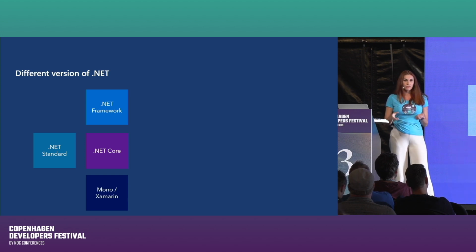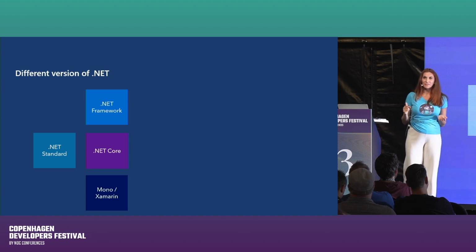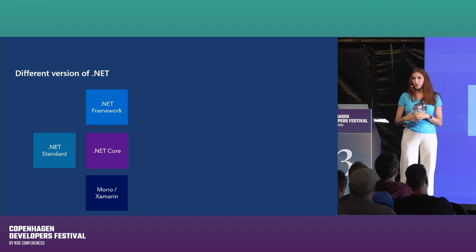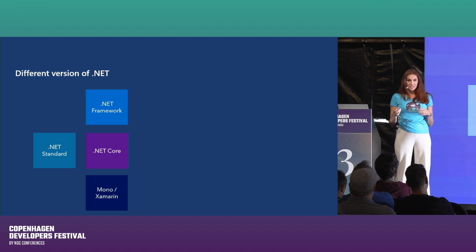And that's why 6, 7 years ago, we created .NET Core. We built it specifically to be great for web and cloud-native applications. And that framework was much, much faster. We did a complete re-architecture of our APIs, of the platform, and it's great.